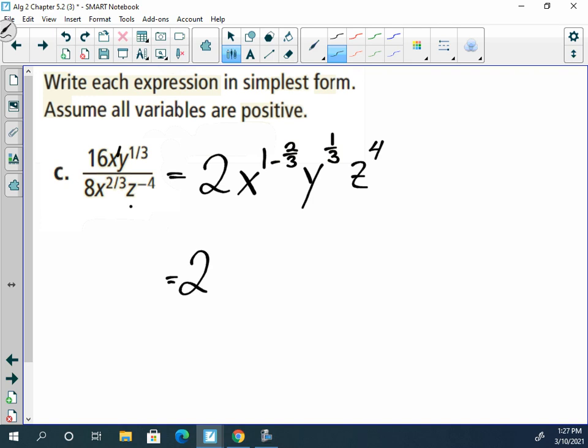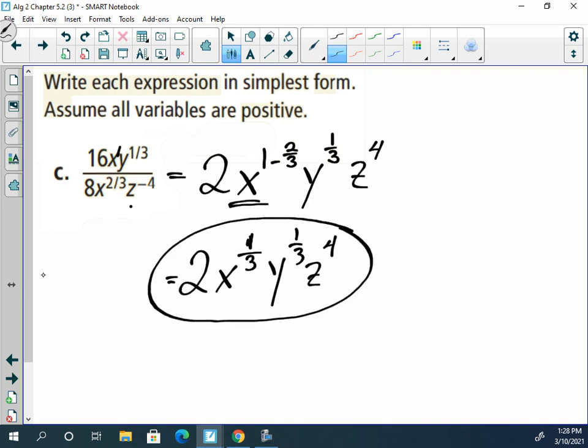And the only thing really to simplify is our x term. 1 minus 2/3, we can make the denominators be the same, or we can plug this into a calculator. 1 minus 2/3 is going to be 1/3. Then we'll have y to the 1/3, z to the 4th. And we have this here.